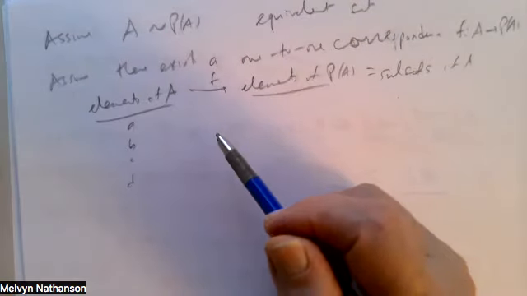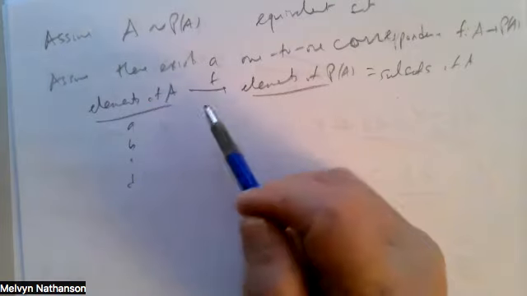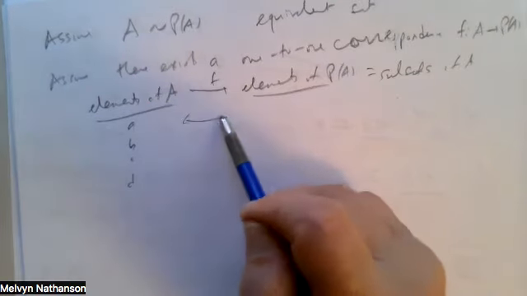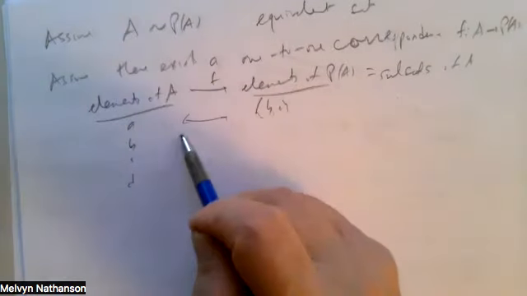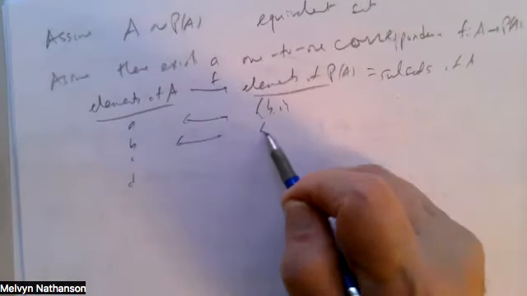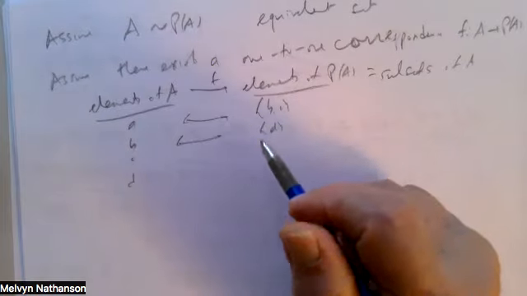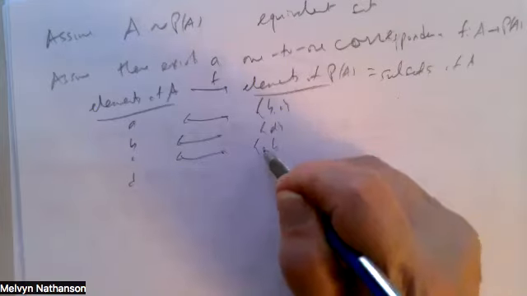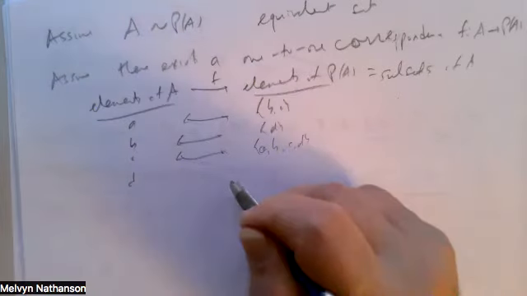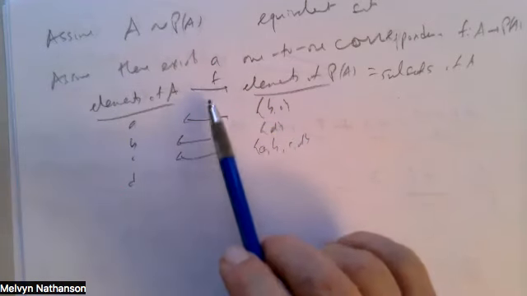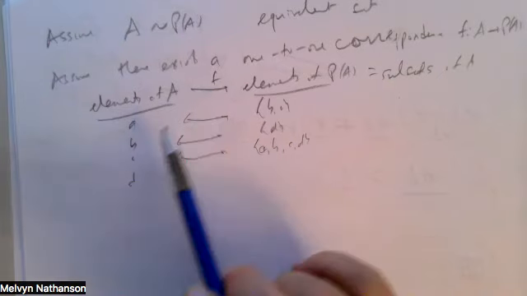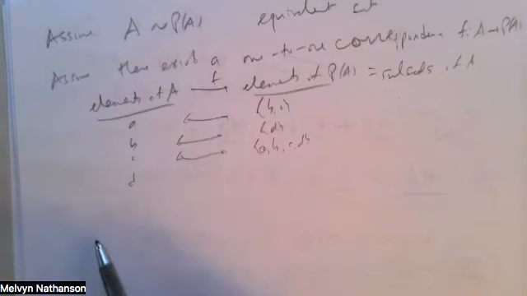So as an example, just a make-believe example, let's say that a gets sent to the set consisting of b and c. b gets sent to, let's say, a set consisting of d. c gets sent to a set consisting of a, b, c, and d, and so forth. So to every element of A is assigned a subset of A. And we're assuming that this assignment, this function F, is one-to-one and onto.